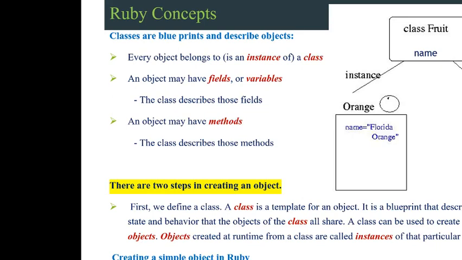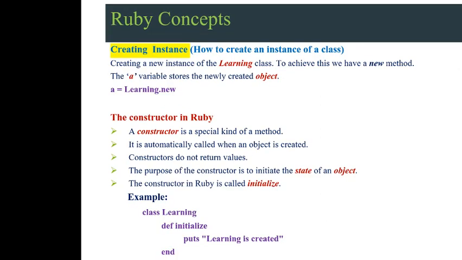So we talked about classes. Classes are more of a blueprint, and they describe the objects. Classes also have properties, or fields, or variables, and methods. Those are the two things. And there are two steps in creating an object. First, you define the blueprint, and second, you create an instance of it.